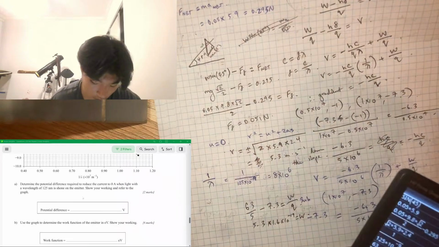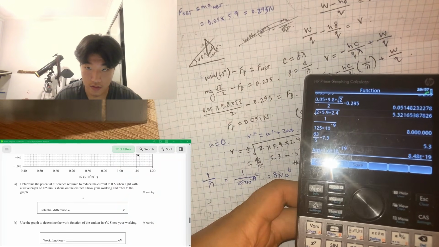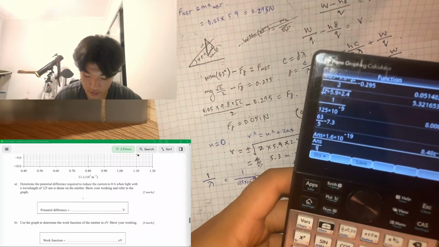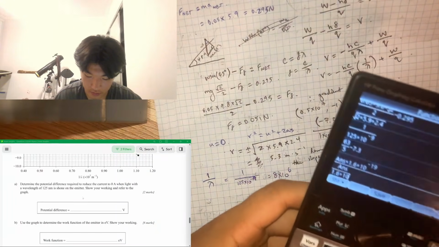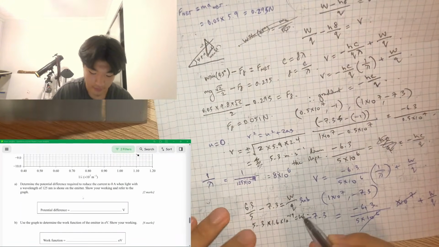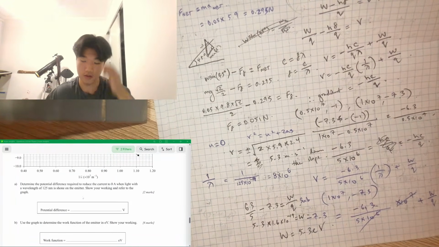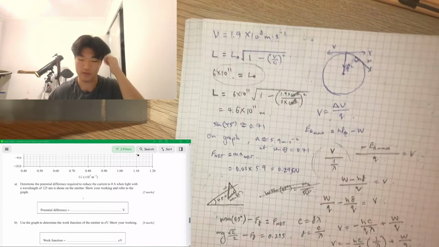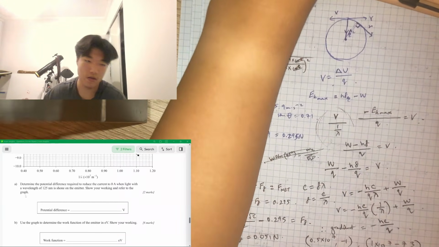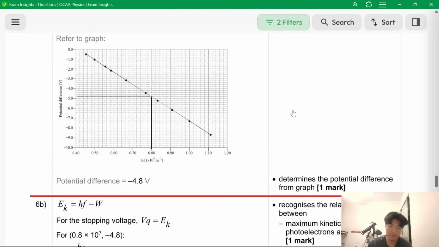We times the answer by the charge, but then we also divide it. Okay, so it's 5.3 in electron volts. The reason why I divided it again by 1.6 times 10 to the negative 19 was because it's asking for it in electron volts.